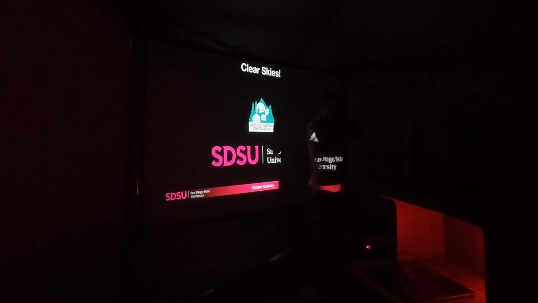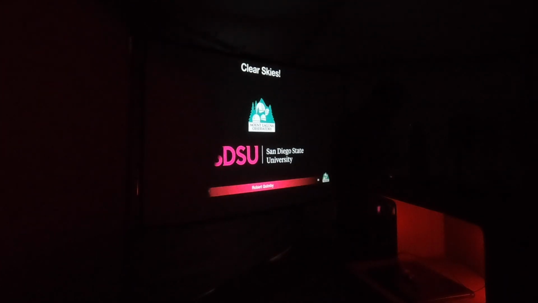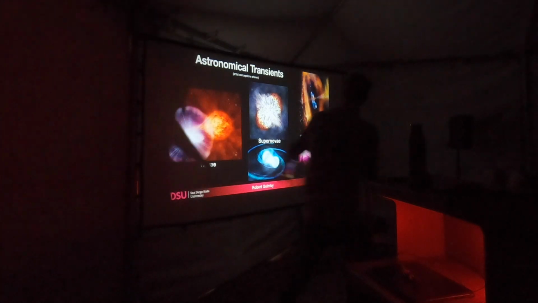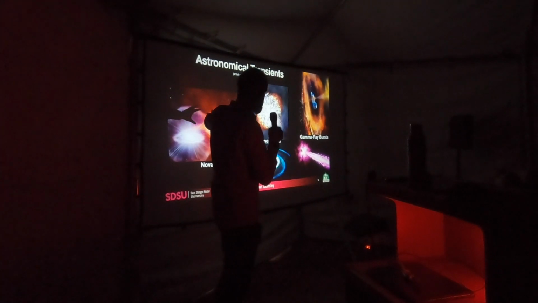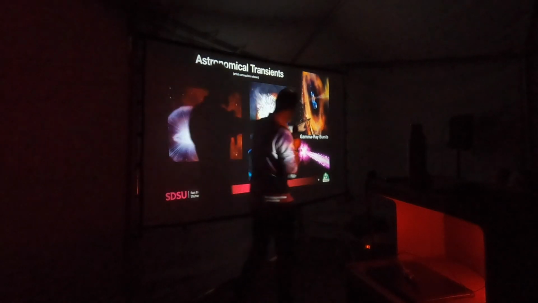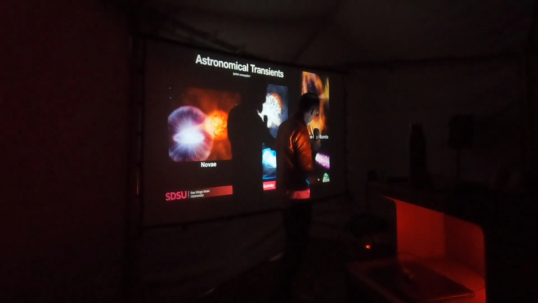So I showed earlier that sometimes I look at gamma ray events. Let's see if I can go back to that slide. There you go. So I talk mostly about nova, just regular stars with the envelope exploding. There are also supernova, and then there are gamma ray bursts, which are the more exotic ones.